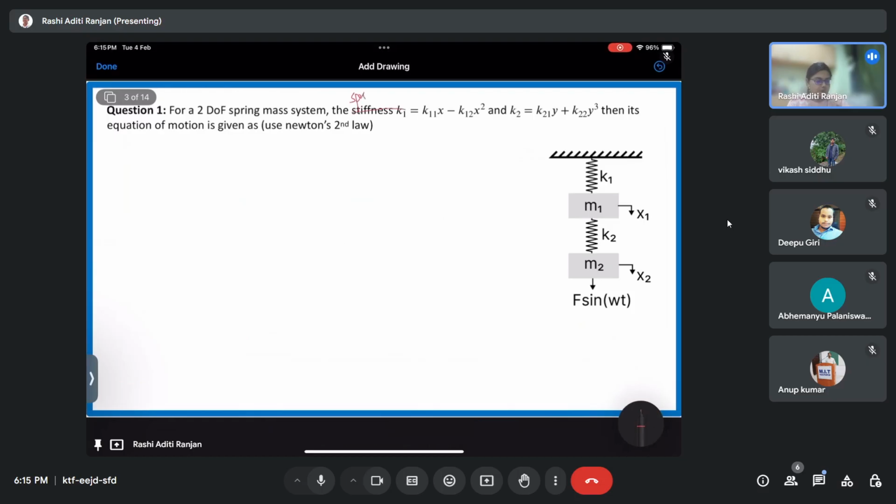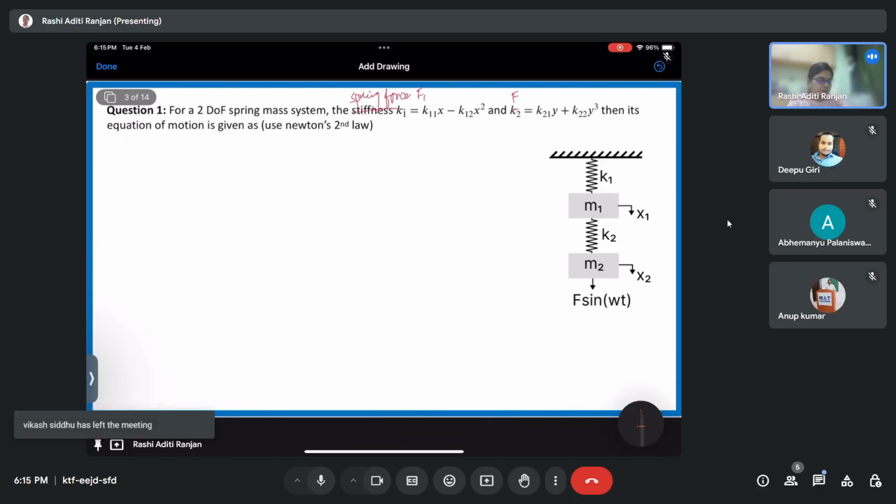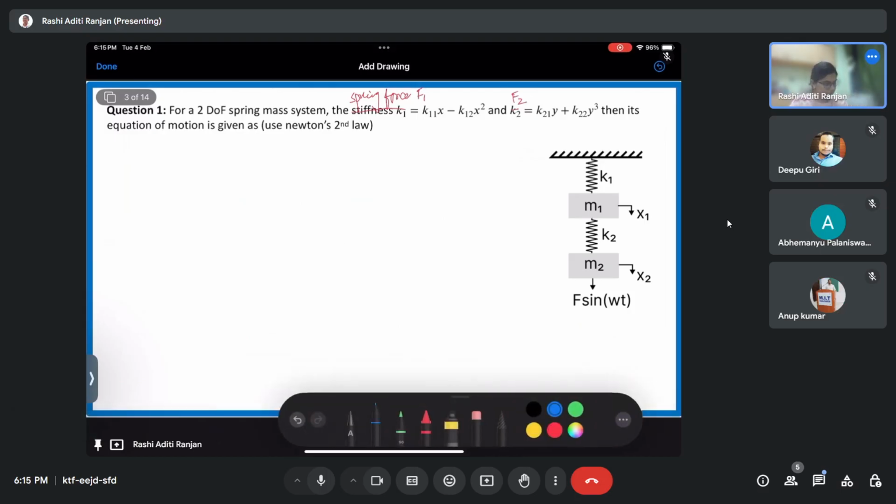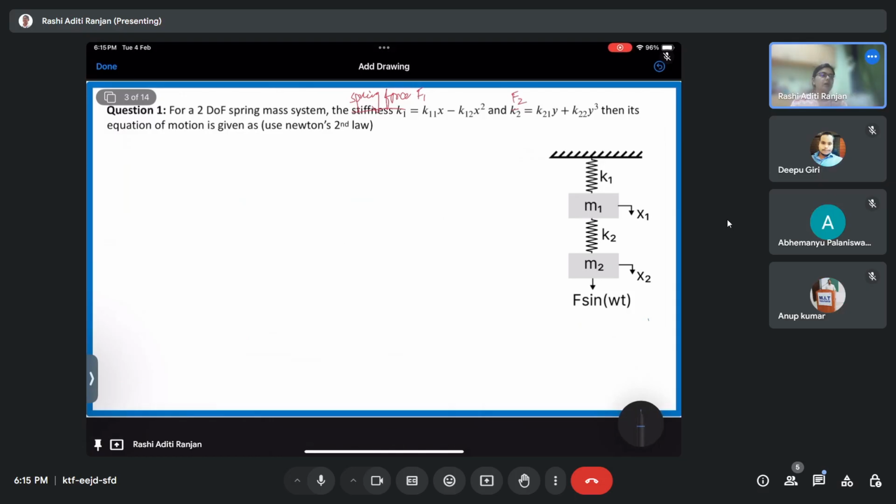Here it should be spring, force F1 and F2. Okay, now, so this is my system. Now this is a 2 degree of freedom system, right? This is not a 1 degree of freedom system because we do not have any kind of a constraint in which I can relate x1 and x2, right?